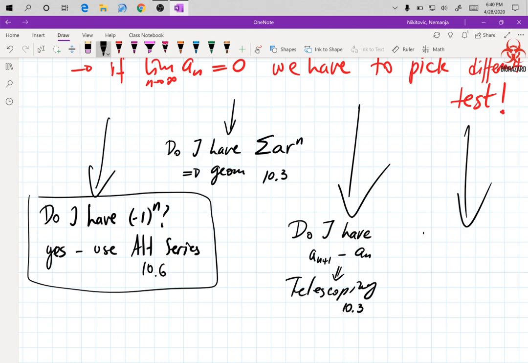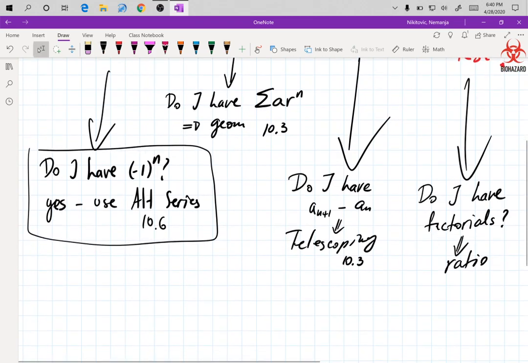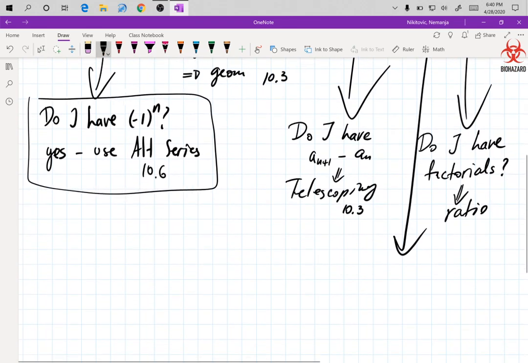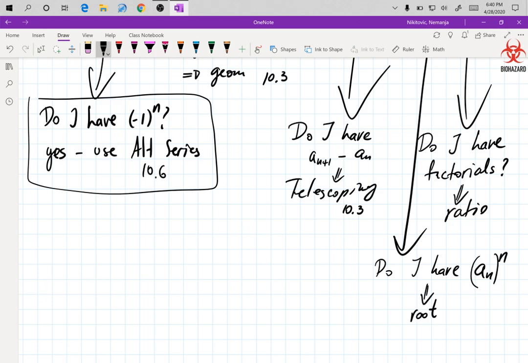Now, another big one. Do I have factorials? Then it's the ratio test. What else? Do I have a_n with everything raised to the n? Because in that case, it's the root test.